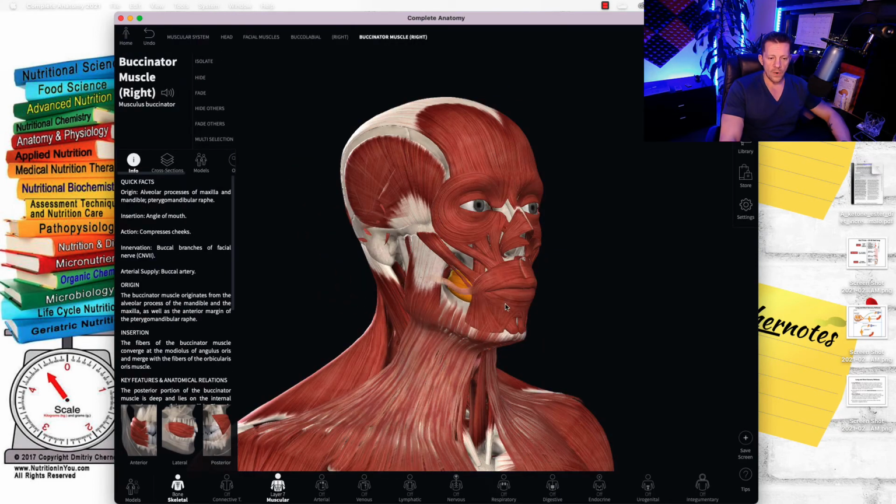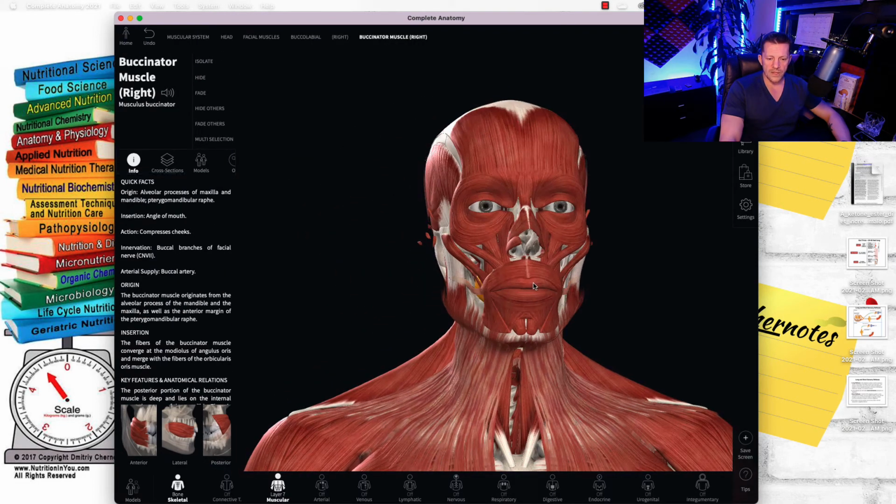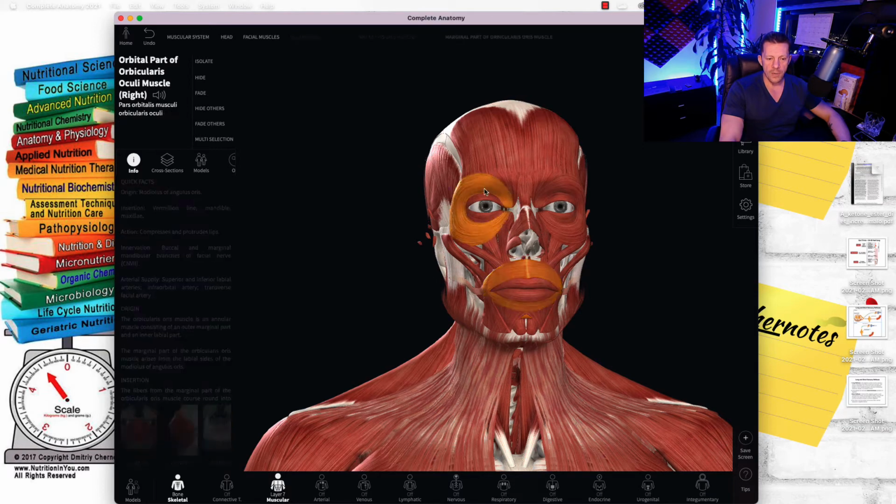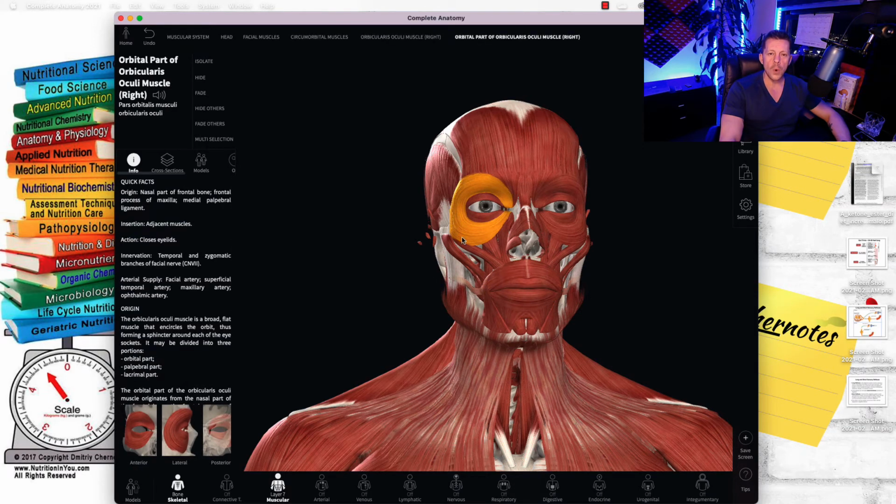Another important muscle is Orbicularis oris, so we can move our lips. Another circular muscle is Orbicularis oculi, so we can wink. But it's not just them working by themselves. They're working in a group. Again, not important for our class.